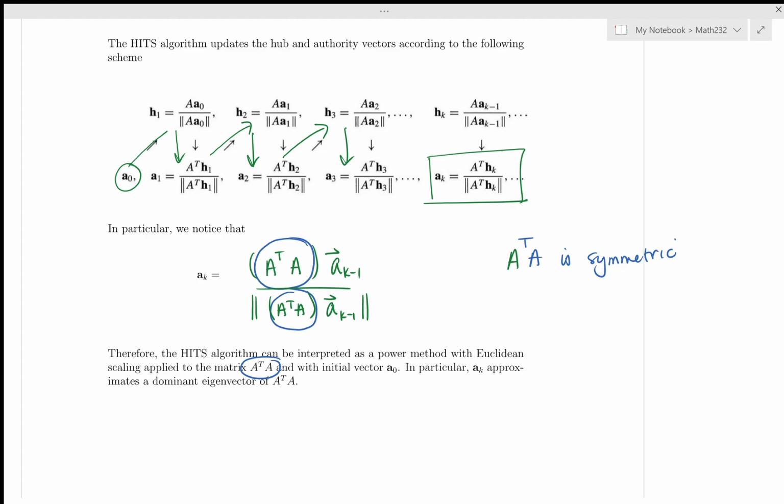After a while, when we decide to stop, AK will approximate the dominant eigenvector of A transpose A.